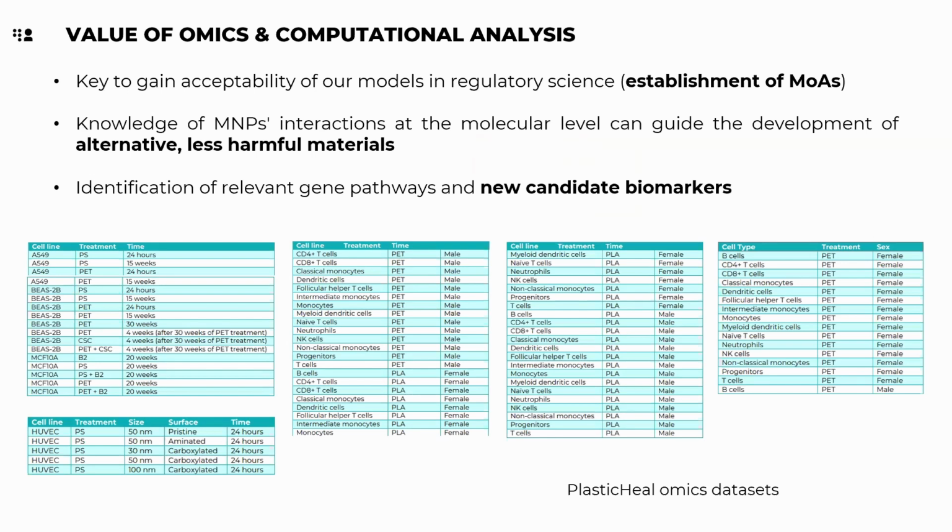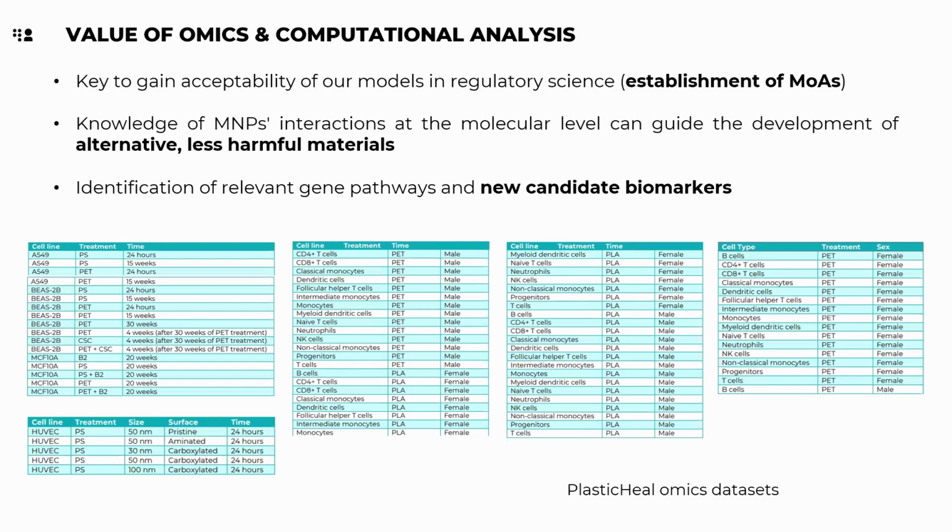And this is to give value also to another point, which is the omics. All the coordinators have started to realize that it's much better to look for biomarkers that rely on mechanisms of action than relying on the old biomarkers that have been tested in many other different projects. And we did that from the very beginning. We have here all the data sets of omic data that have been generated in Plasticheal.